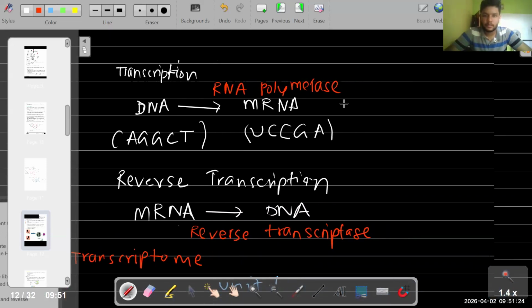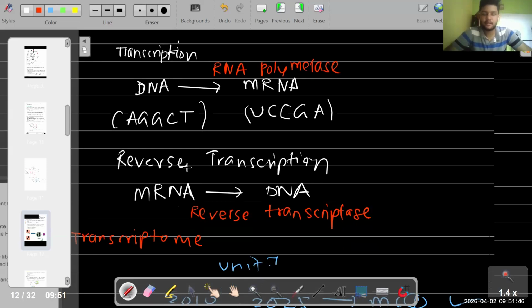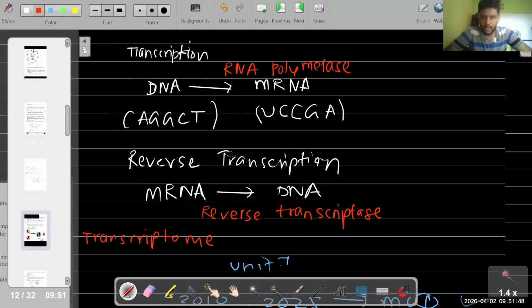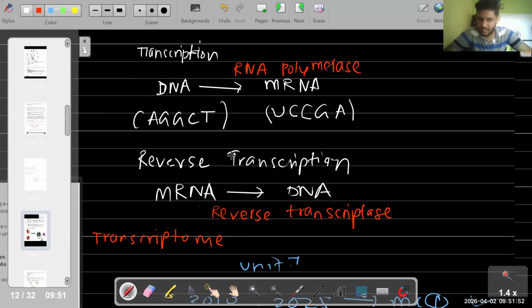Okay, right. Now that fourth statement, actually what happens is, in transcription, if you remember, we use only one DNA strand to produce an mRNA. Can you remember that? We used only one DNA strand. So, as we used only one DNA strand, an mRNA strand was produced.